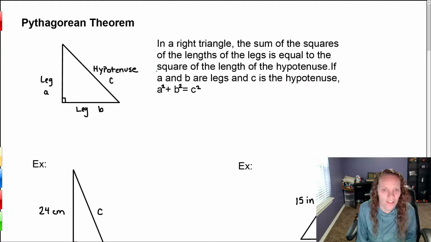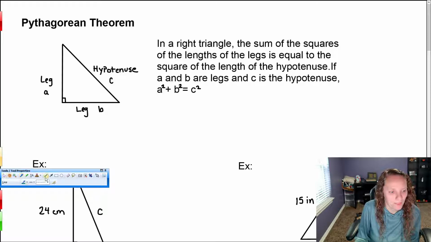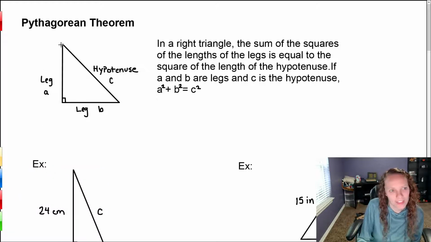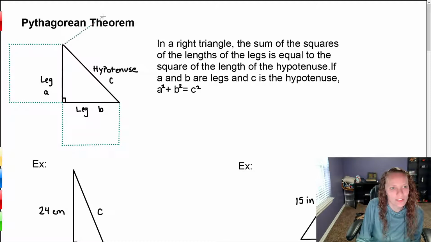Now what all of this is saying is if we made squares that are coming out from each of the sides, this square that I just drew plus this square has to equal this square here.